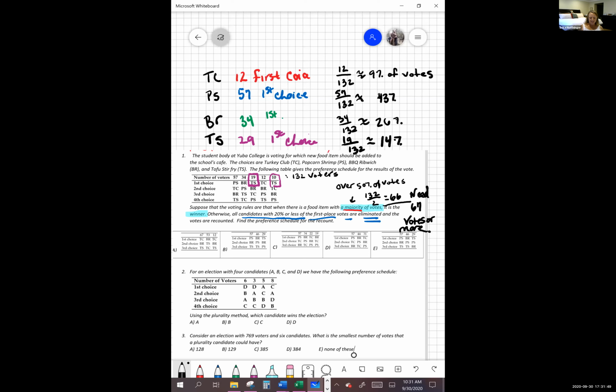Okay, so it told us that they needed to have a majority to be a winner. None of these had the majority. And so then it told us that we were going to exclude any candidates that were less than or equal to 20%. And so notice there's multiple candidates that are less than 20%. We're going to get rid of TC, the Turkey Club, and we're also going to get rid of tofu stir fry.